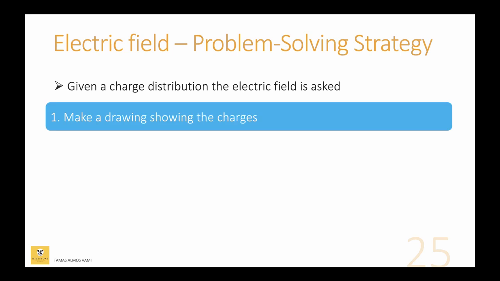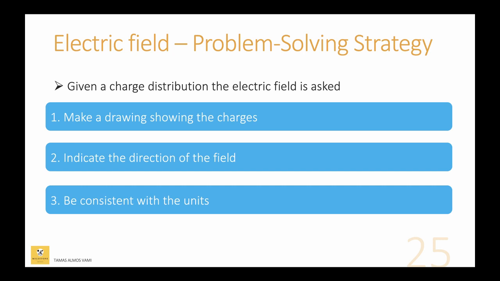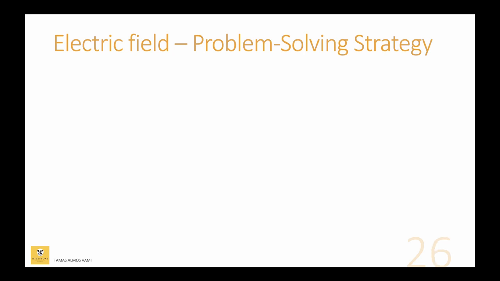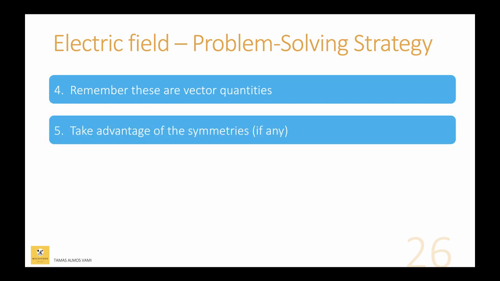As we mentioned earlier, you should make a drawing and indicate the direction of the field on this drawing. You should be very consistent with the units, as they can lead to serious issues after all. And remember that we are dealing now with vectors, so whenever we are adding them or subtracting them, they will be vectors too.